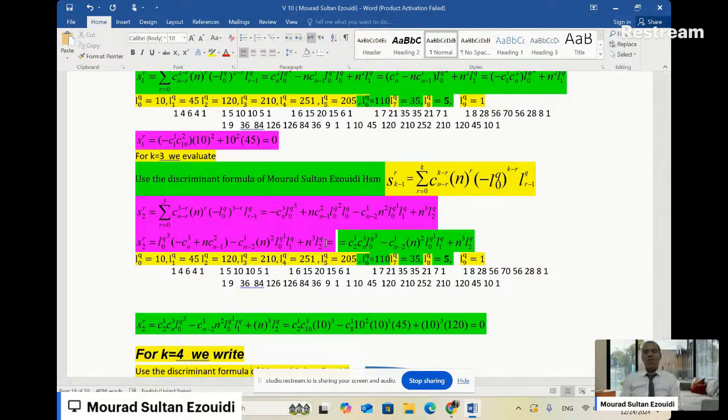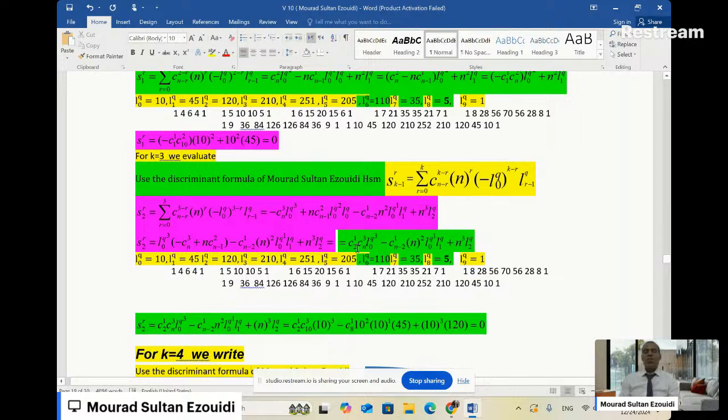So I will give you time to think about this question and do it as quickly as you can. Okay, for S2, I will focus on making k equal to 2 in the discriminant formula of Mourad Ezouidi, S subscript k minus 1 for the r.